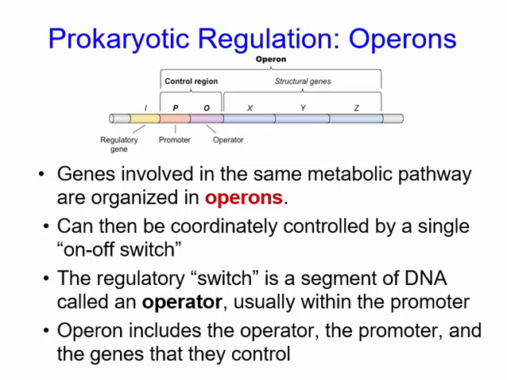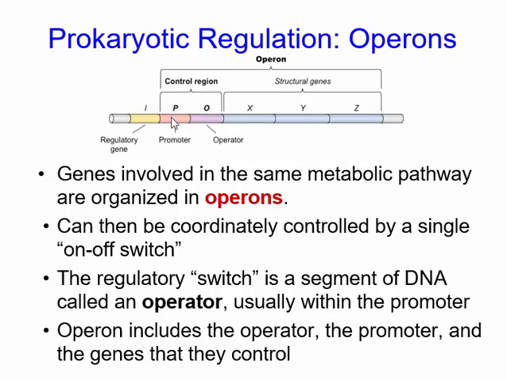So let's look at some examples of this with prokaryotes. Now, with prokaryotic genes, they're often arranged in groups of connected or related genes into something called an operon. And so what we see with an operon here is, in this case, we have these different genes, X, Y, and Z. Instead of them being separate with each their own promoter, you have 3 in a row right after a single promoter here.